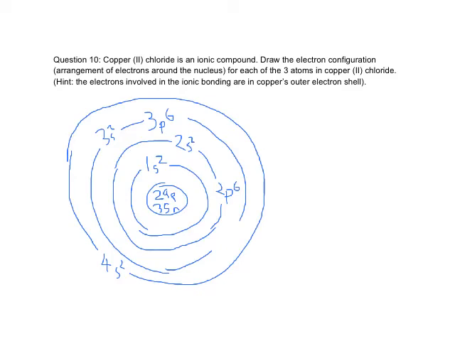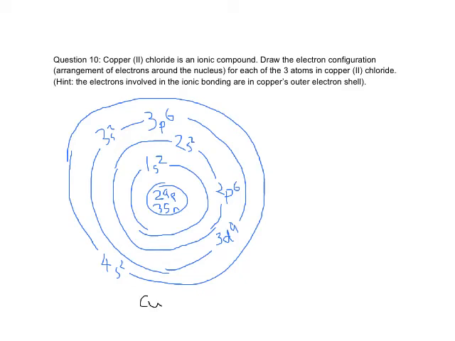So I've got 2 and 8 makes 10, and another 8 makes 18. Then I've got the 19 and the 20, which are the 4 s's, but I've got to get up to 29. So that means 1, 2, 3, 4, 5, 6, 7, 8, 9. So there must be 9 d's. So we'll write 3d9. Third shell, 9 d's. So that's copper.